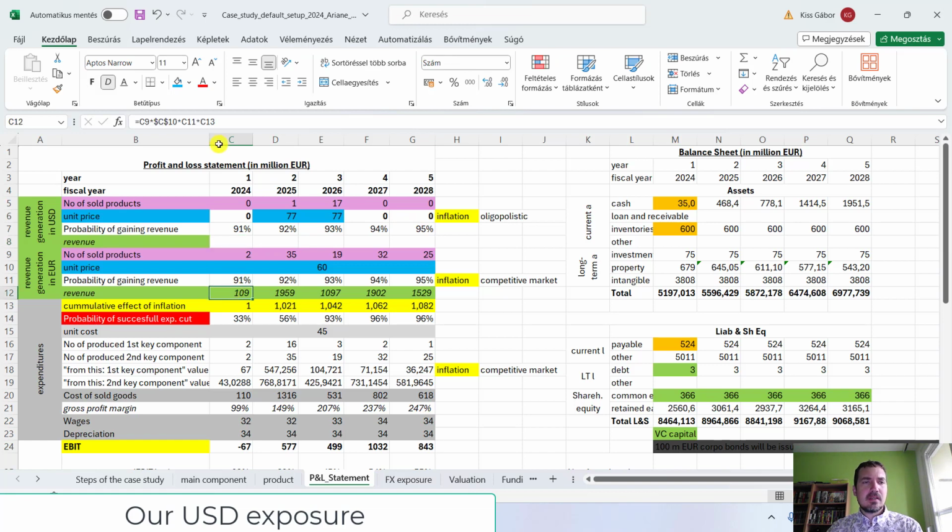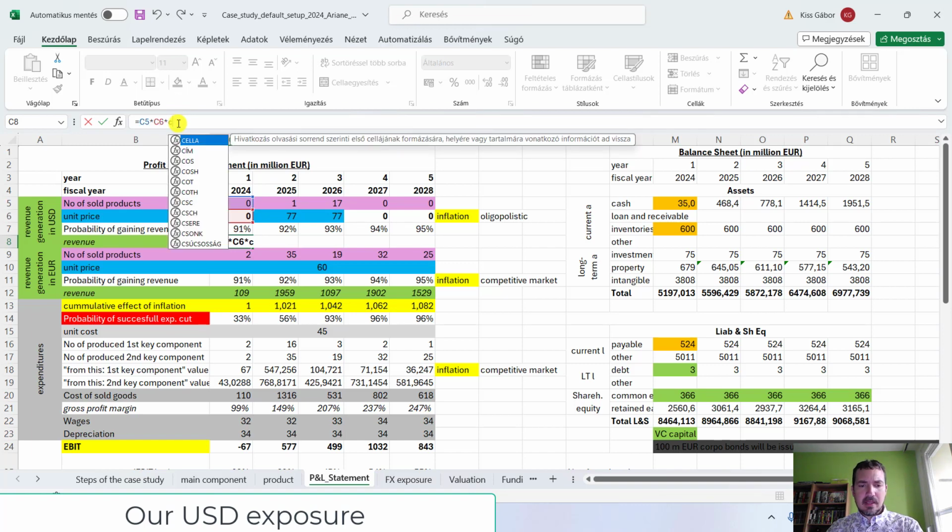And after that we can just say revenues: number of launches multiplied by unit price, multiplied by the probability of success. It would be so good if I could type this in, but okay.